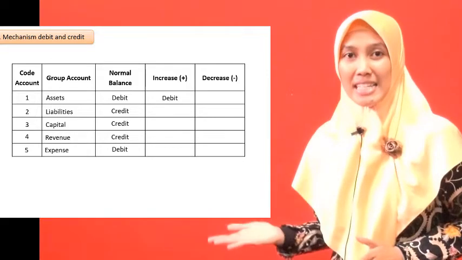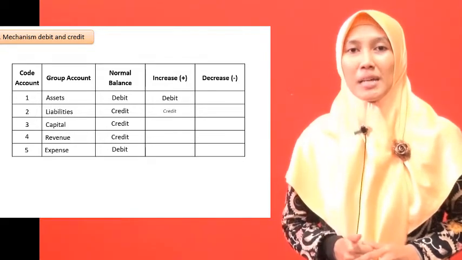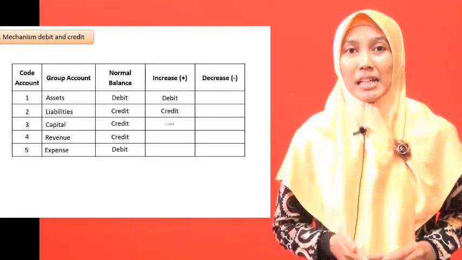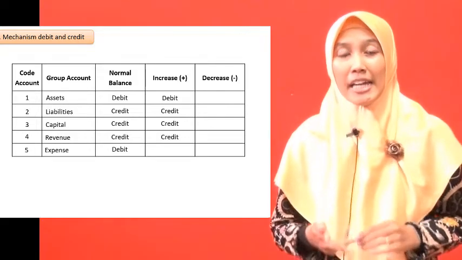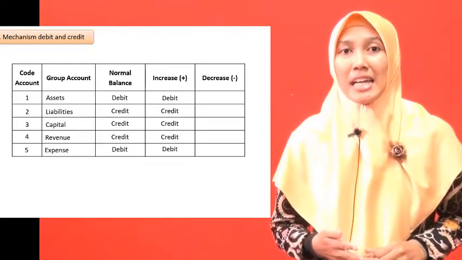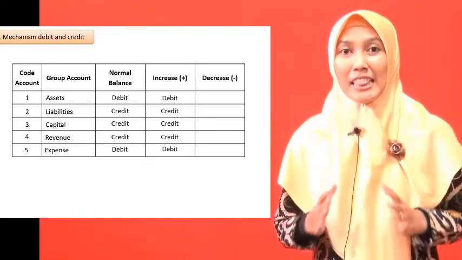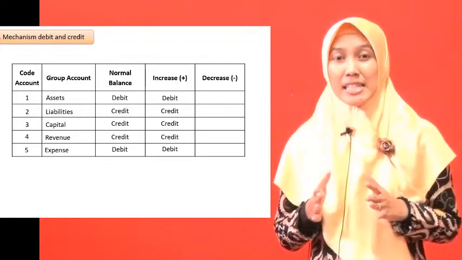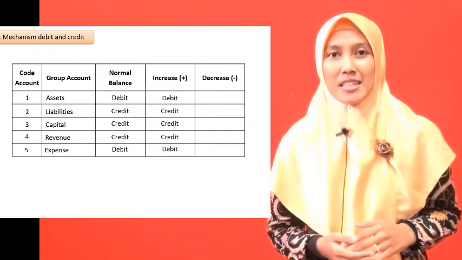So, asset increase in debit, liabilities increase in credit, capital increase in credit, revenue increase in credit, and expense increase in debit. Then decrease. If decrease, opposite of normal balance.